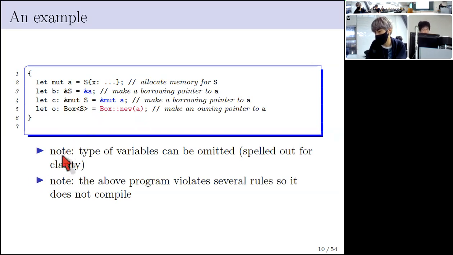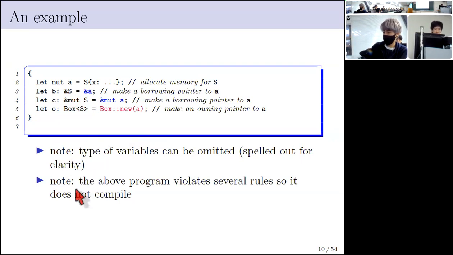One small note is that these type declarations right after variable names can be omitted because they can easily be inferred from the right-hand side. But in this example, I just spelled them out for clarity, to show how types can be spelled out.